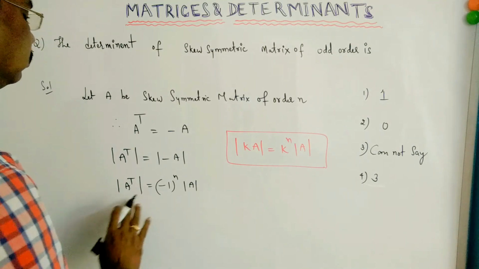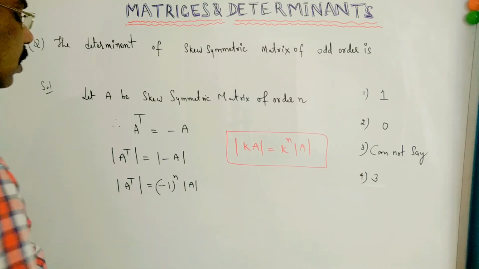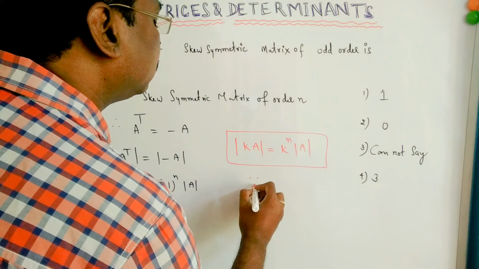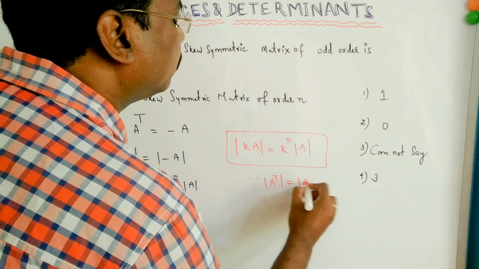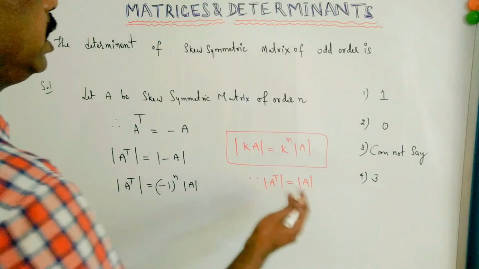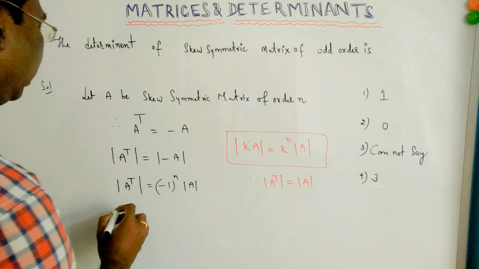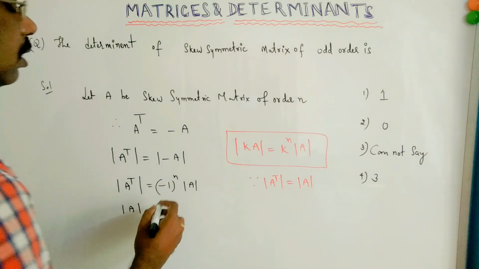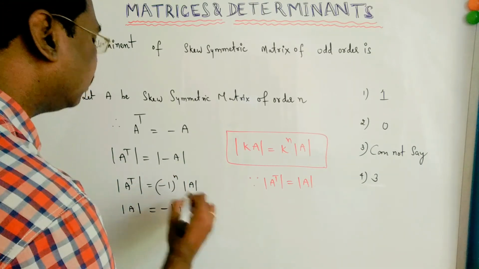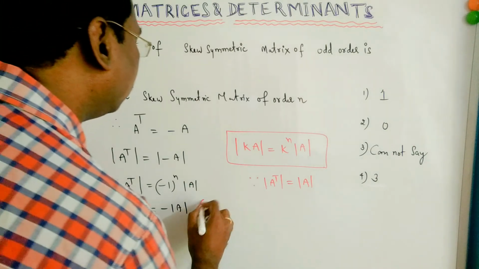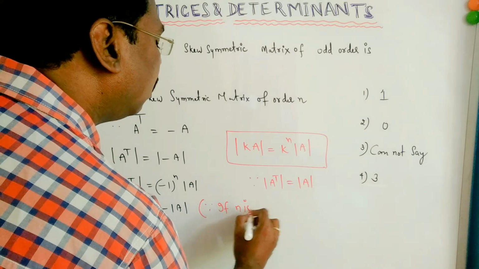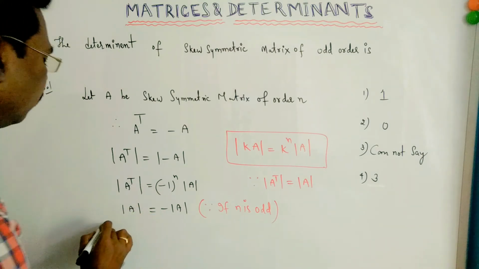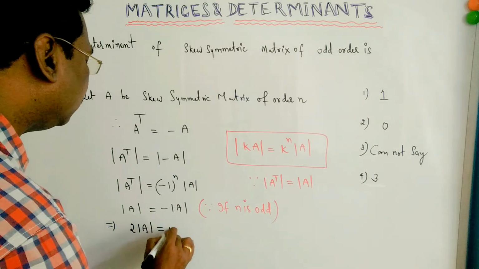Now det of A transpose equal to det A. Since det of A equal to det of A transpose, det A is equal to minus 1 power n into det A. If n is odd, minus 1 power odd means minus det A. Now 2 into det A is equal to 0.